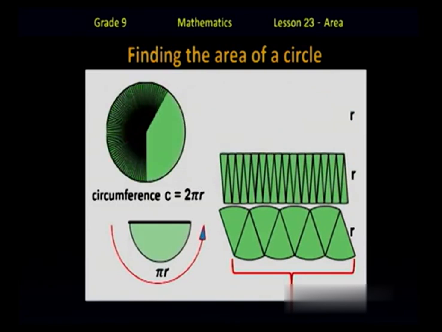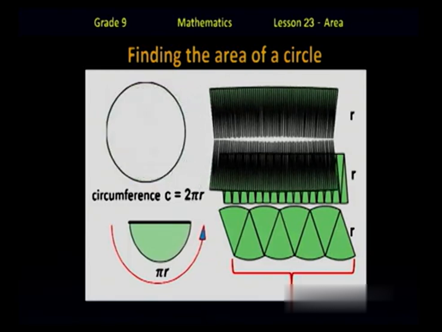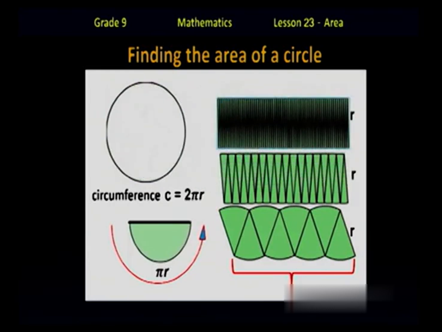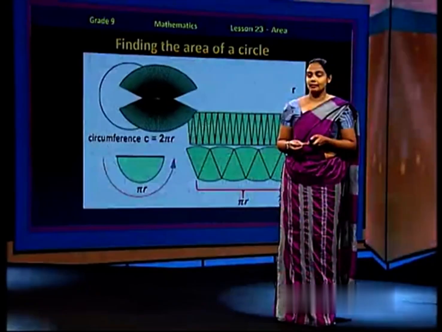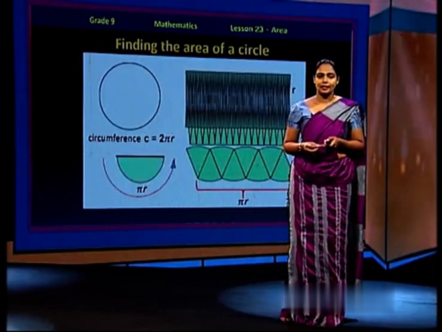It is pi r. And what is the breadth of the rectangle? Isn't it the radius? It is the radius of the circle. Now we have the length and breadth of the rectangle, and using them, let's find out the area of the circle.